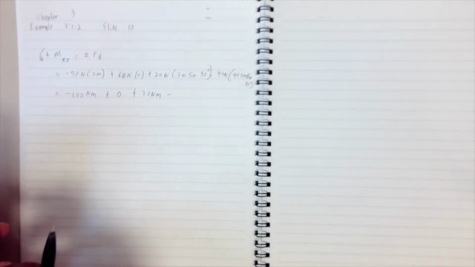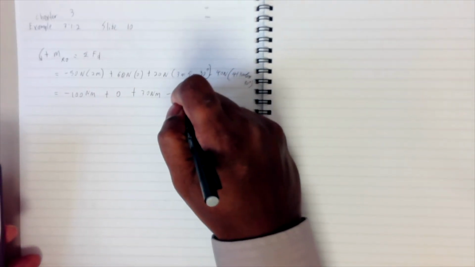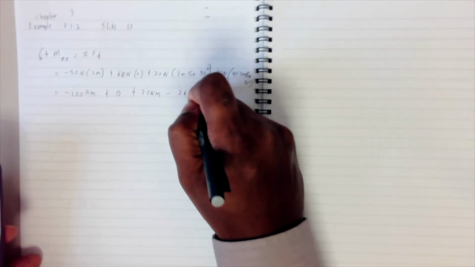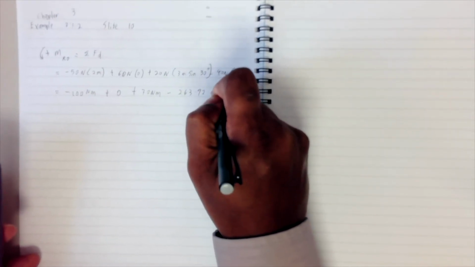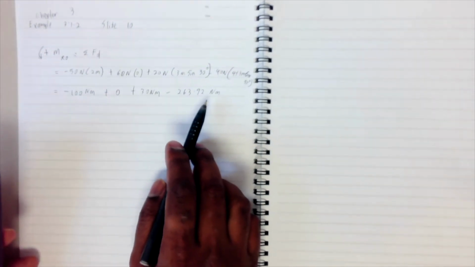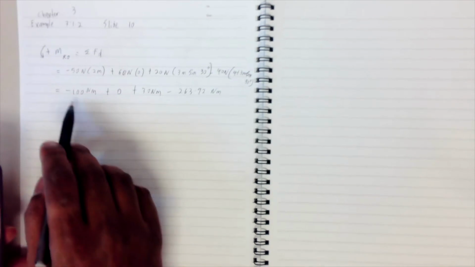With 6.598 we got 263.92 Newton meter. So this is the value we got here, and then from here we are going to compute everything.